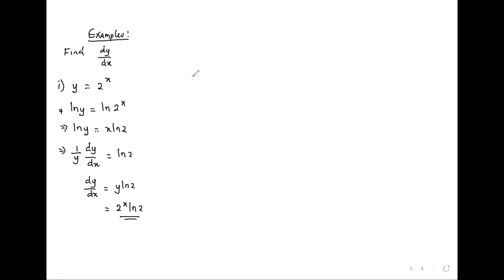So that we derive the general formula now. If I have y is equal to a to the power of bx, and I want to differentiate this, I will apply ln again. ln y is equal to bx ln a.